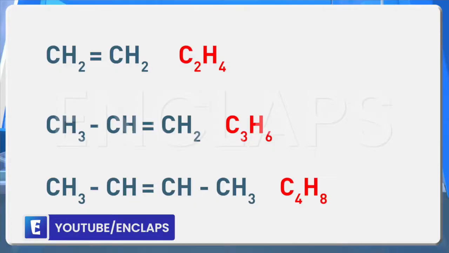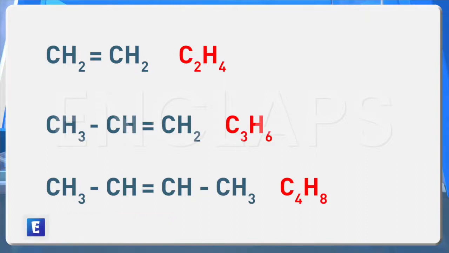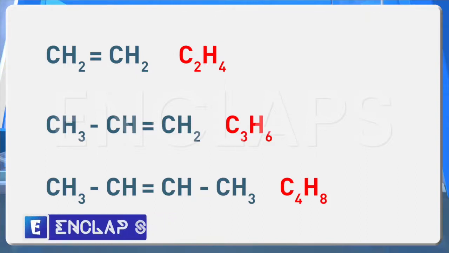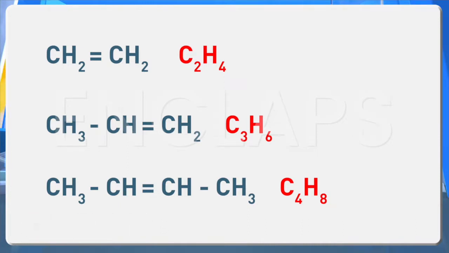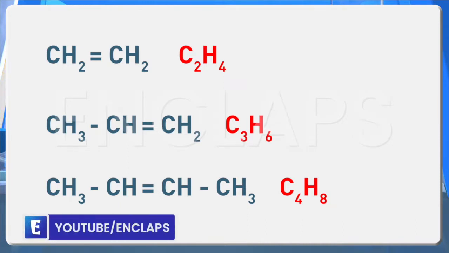Then let's take some alkenes. First one, C2H4, CH2 double bond CH2. Then second one, CH3 single bond CH double bond CH2, C3H6.